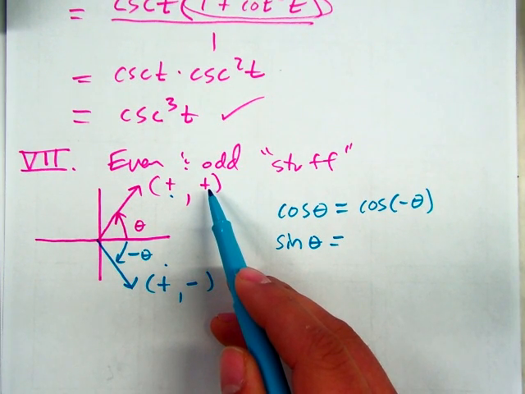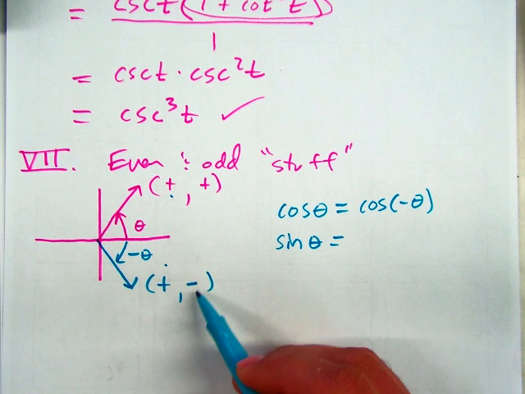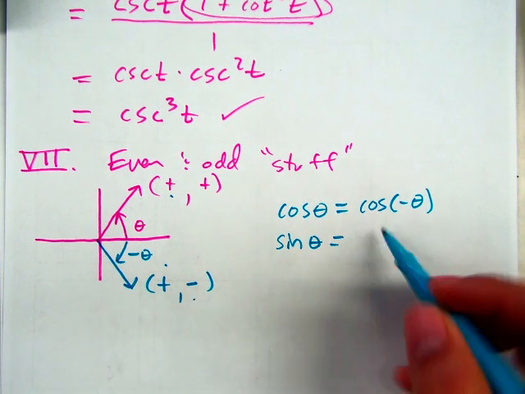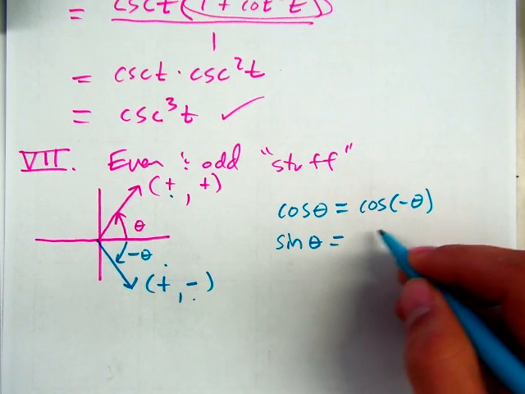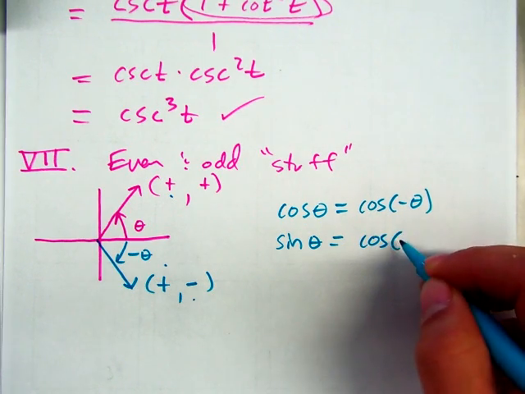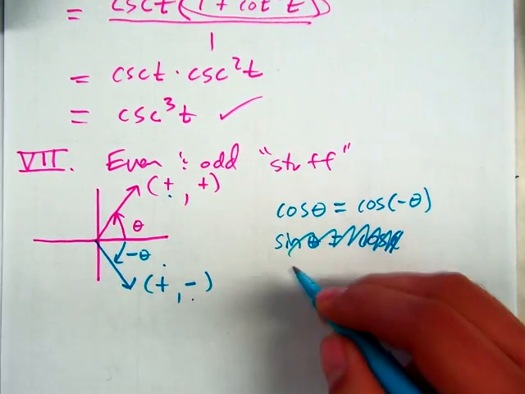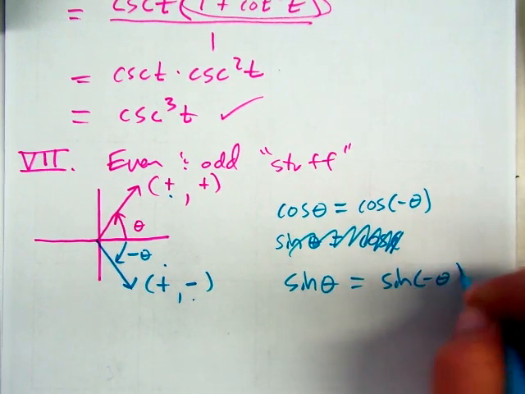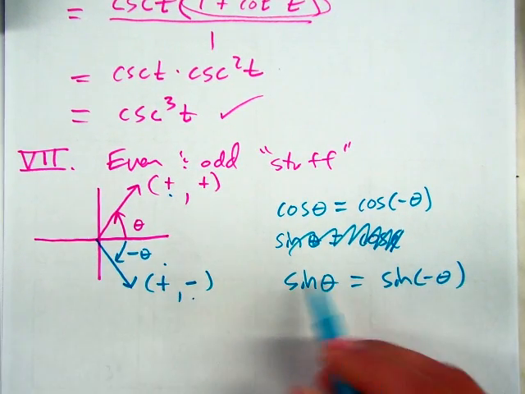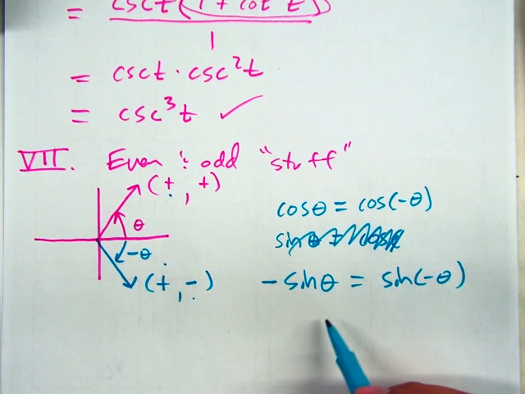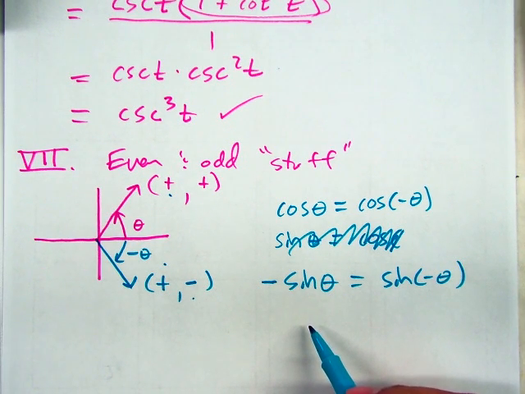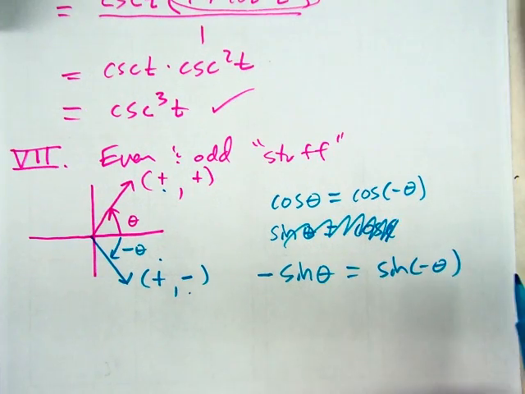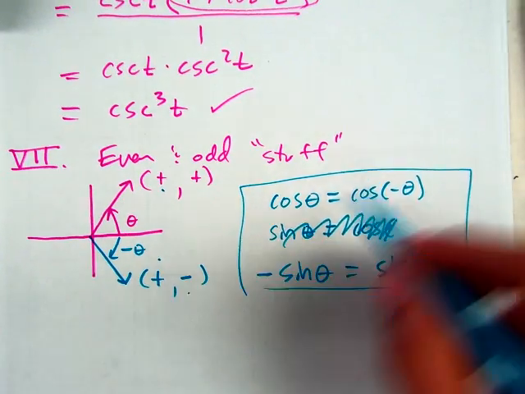Up here, positive. But if I go in the fourth quadrant, it doesn't equal itself. Sine theta does not equal sine negative theta, but I can fix this by just putting a negative in front of the first one. These two are called opposite angle identities.